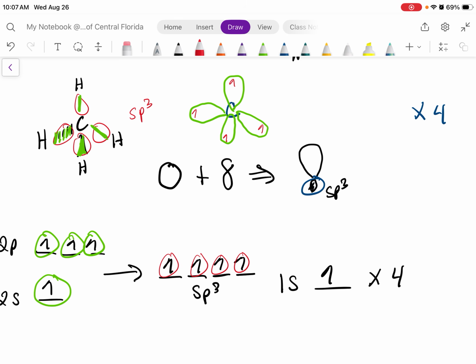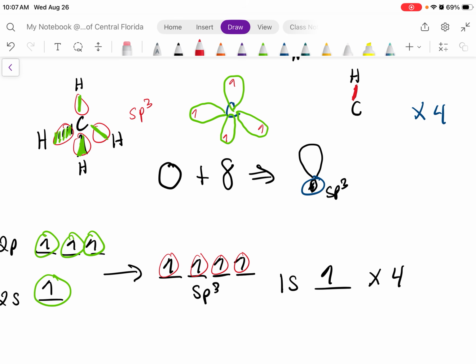Now, what is a covalent bond? It's the sharing of electrons. So when we look at this carbon-hydrogen bond here, we know that there is an electron coming from the hydrogen and an electron coming from the carbon. And when those 2 electrons are shared between the hydrogen and the carbon, we form that covalent bond.